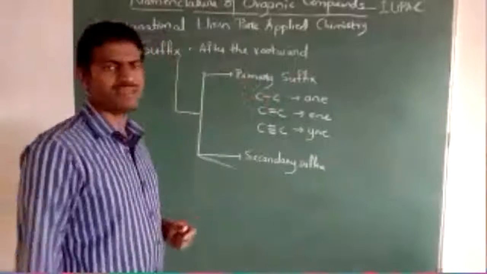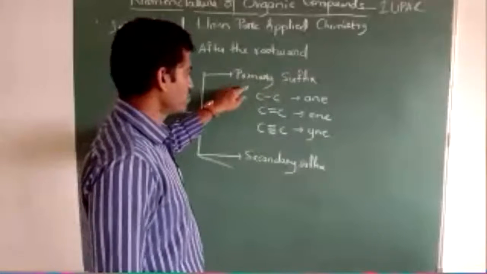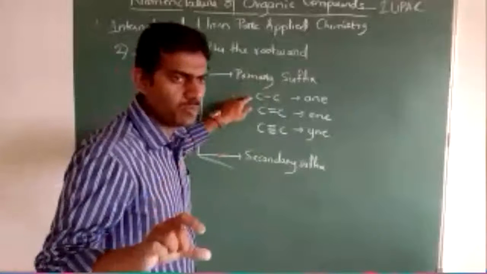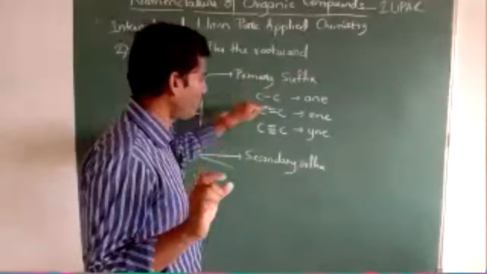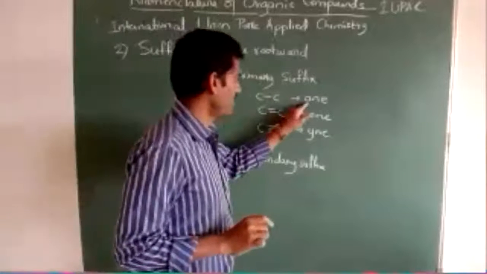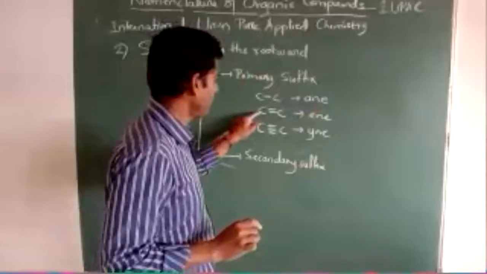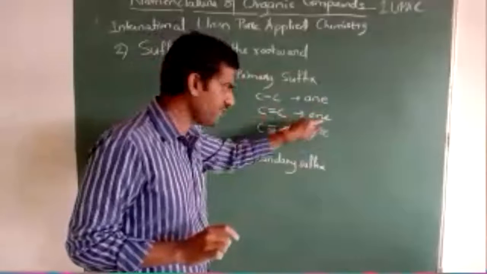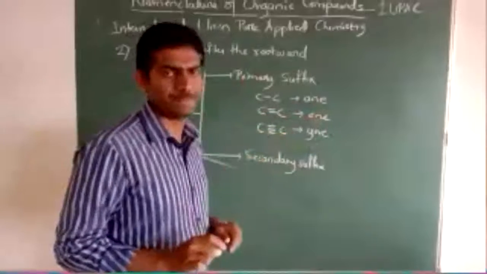We are using these as primary suffix to represent whether the carbon is single bond, double bond, or triple bond. If all carbon atoms have single bonds, we use ANE. If double bond, ENE. If triple bond, YNE.